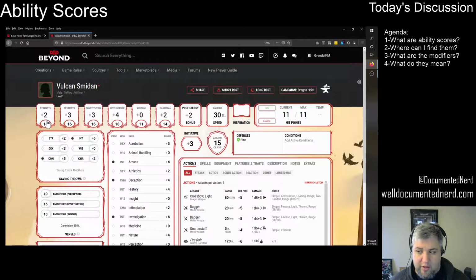The next one is dexterity. Dexterity is mainly your agility, your ability to move, your speed. This is all affected by dex, so how dexterous your character is. A high dexterity means you're going to be harder for people to hit, and good at anything that requires agility.